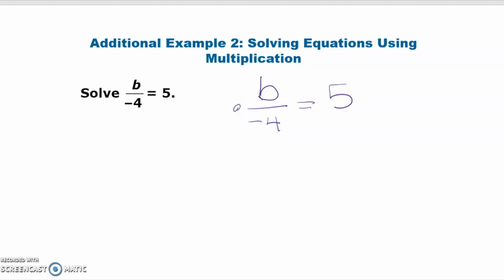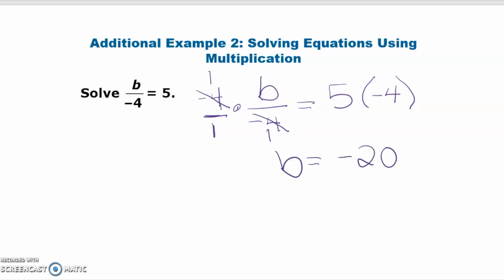The opposite of division is multiplication. So I'm going to multiply both sides of the equation by negative 4. Now I think of this as like a fraction, and I'm cross-canceling. These all become 1s. So I have b equals negative 20.